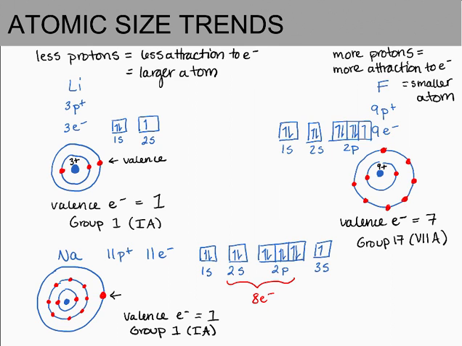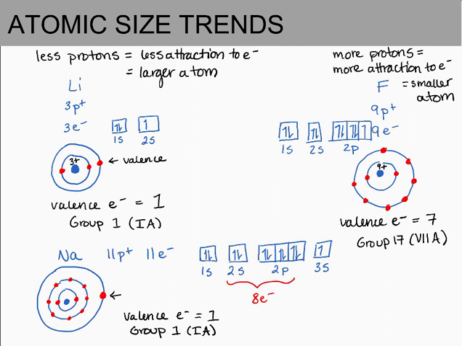So sodium, if we remember our atomic trends, should be bigger than lithium. And we can see that it's bigger because it has more electrons and more energy levels. So as we go down a group, we're adding more and more energy levels. So for instance, if we jump down to potassium, potassium is in period 4, and its valence electrons are in energy level 4.